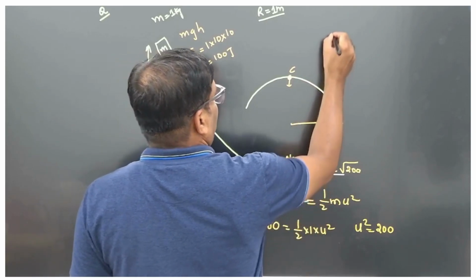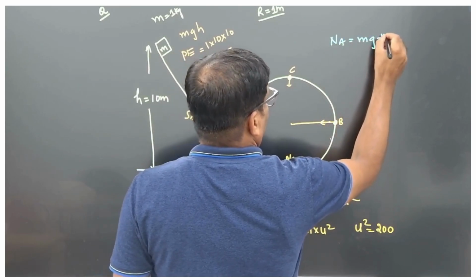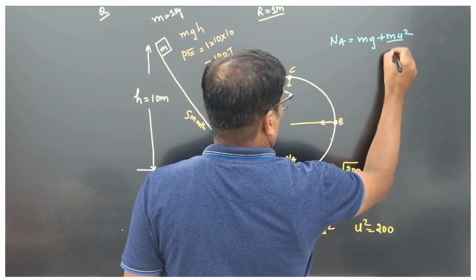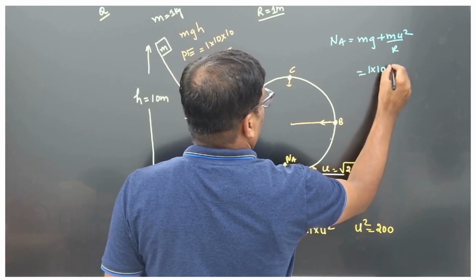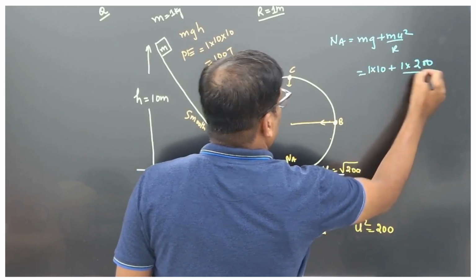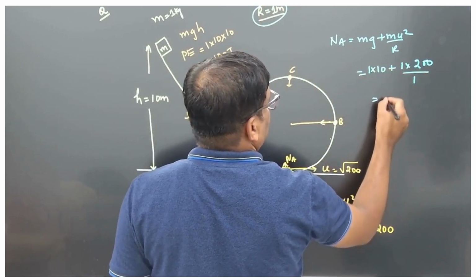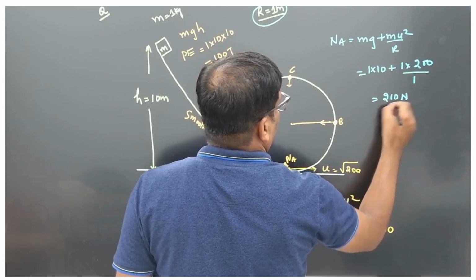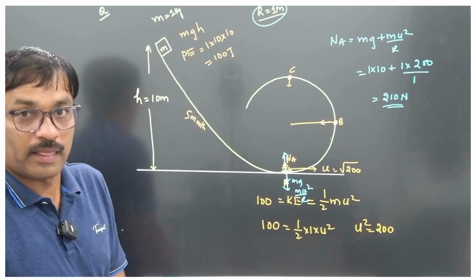So the normal reaction at A is mg plus m u square by r. m is 1 into 10 plus 1, u square value is 200, and the radius is also 1 meter. 200 plus 10, so 210 newtons will be your normal reaction at A.